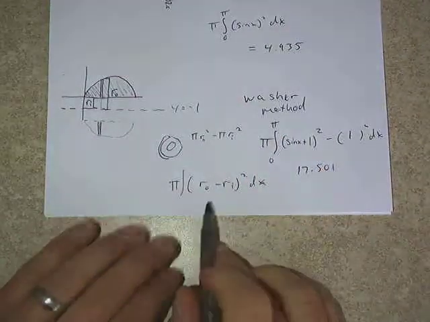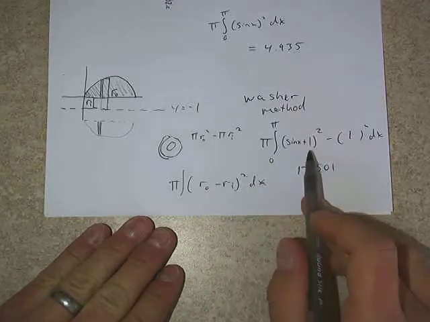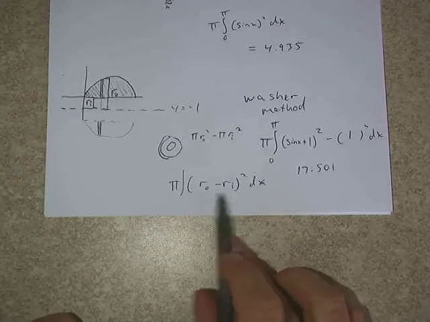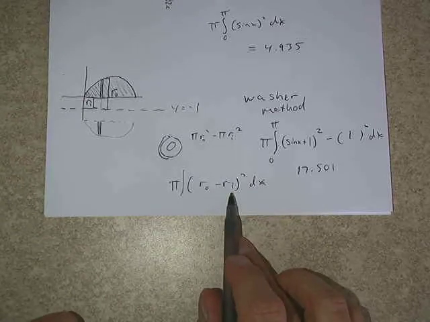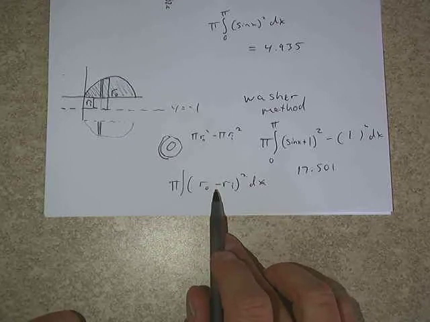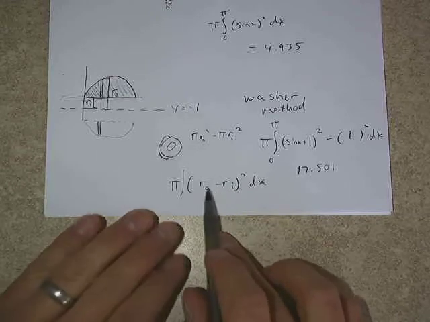One thing I want to point out that's very important is that we don't do this. When you're setting up this washer method, if you did something like pi integral of r sub o minus r sub i, squared, dx, okay, is that the same as what we have here? If I subtract first and then square, is that going to be the same as squaring and then subtracting?